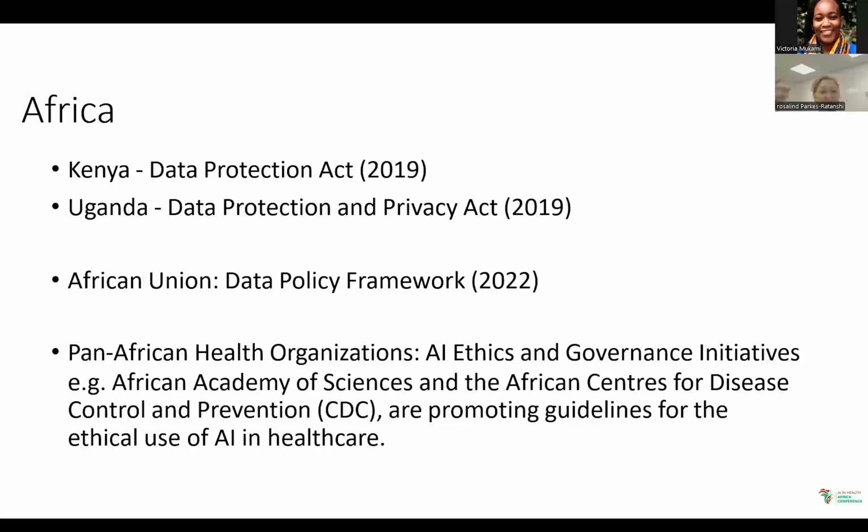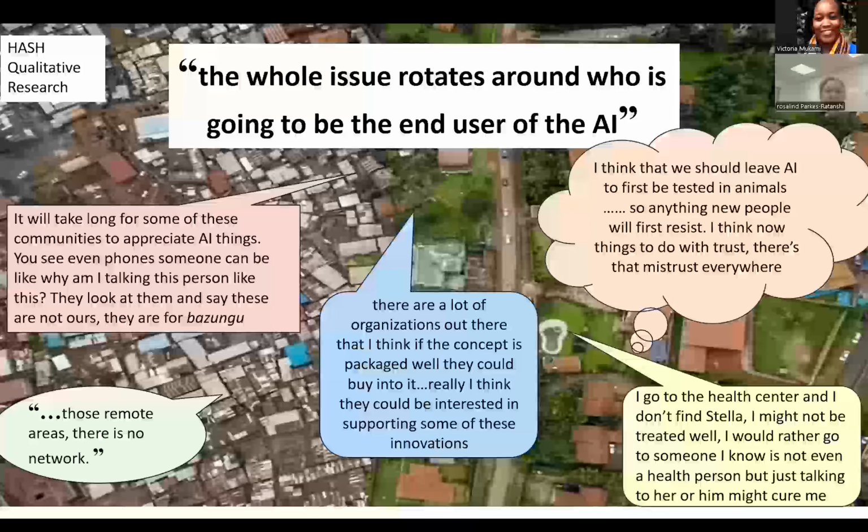There are also Pan-African initiatives: an African Union data policy framework and a Pan-African Health Organizations initiative. I'm going to a conference in Cape Town with Vicky next week, and within that there may well be more guidelines that come out for AI for Africa through the African Union, and we will report back if there are.